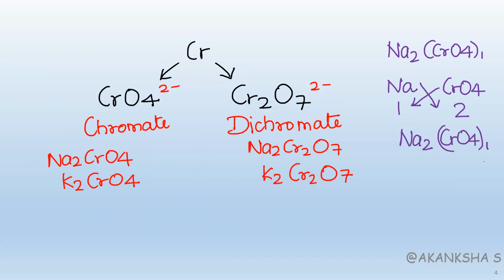The 1 we can overlook in scientific literature, and hence it becomes 2 sodium ions and 1 chromate ion. Try solving it for potassium dichromate and let's see if you can relate to it. Once we have covered this basic core concept of what type of chromium ions we are using, how these compounds are formed, and what their names are, let's jump directly into the topic, that is, preparation of potassium dichromate.